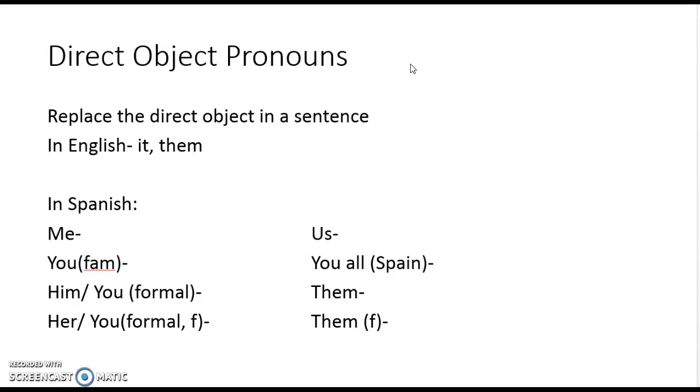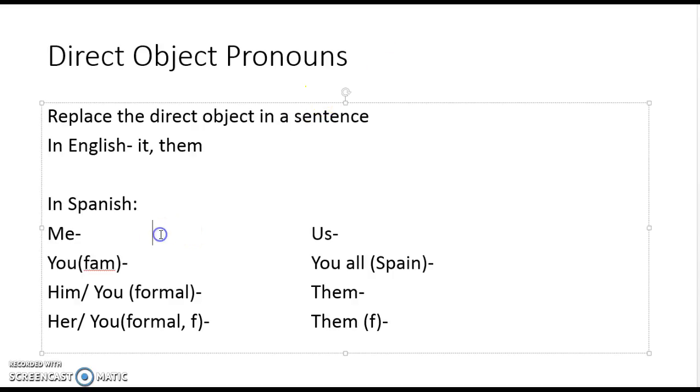In Spanish, when we're writing out the direct object pronouns, me is going to be me. You, familiar, so that's if you were going to be talking to someone you would refer to as tú, the pronoun is te.